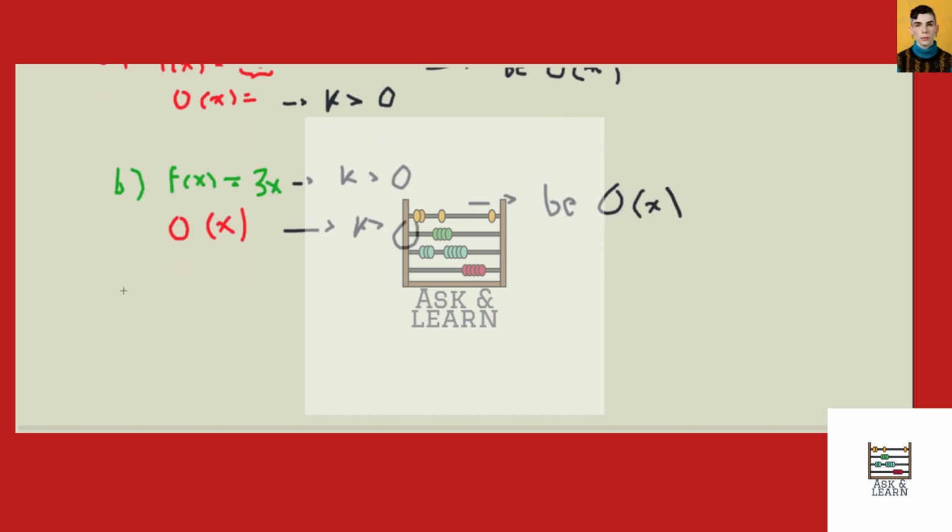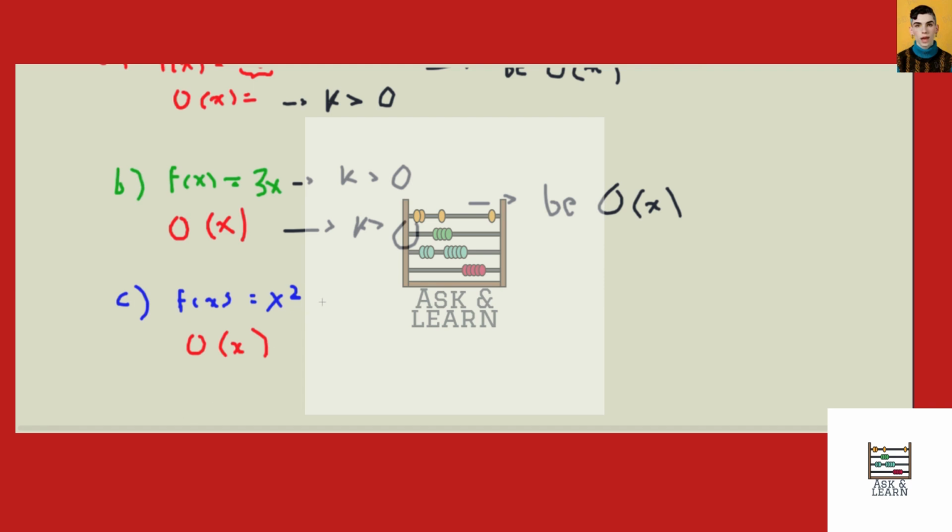Okay, thirdly, we have the function f of x is equal to x squared plus x plus 1. And like I said, when we're considering big O, one of the things we can idealize all functions as is that growth rate is only defined by their most significant term. For this function f of x, that's going to be x squared.